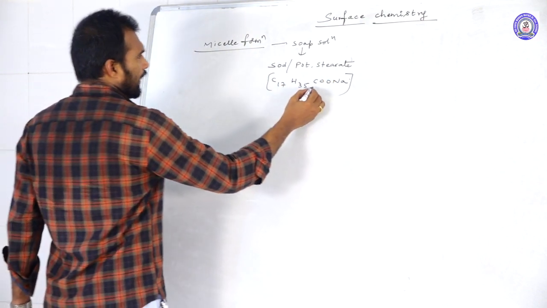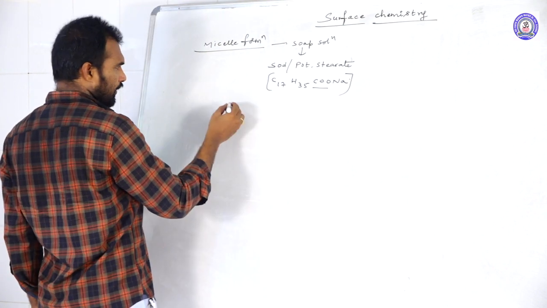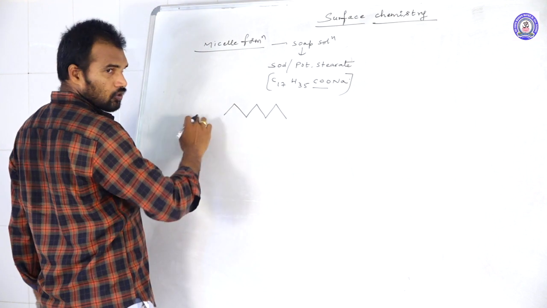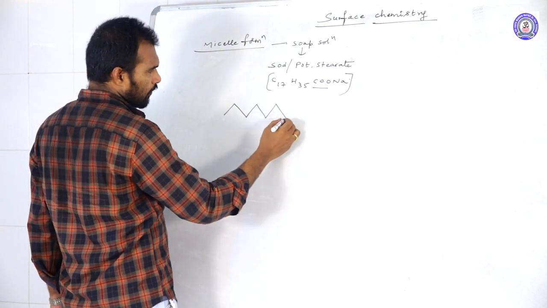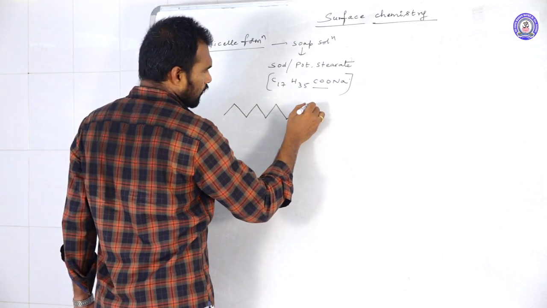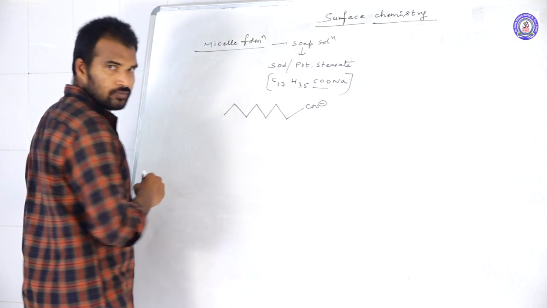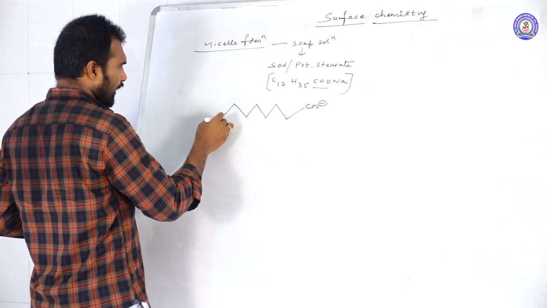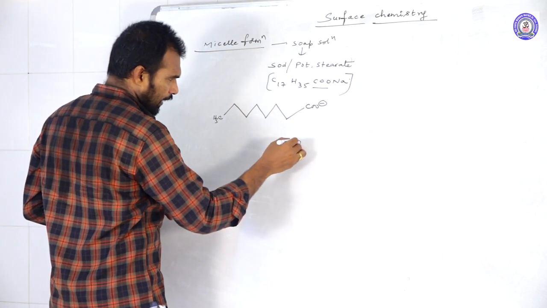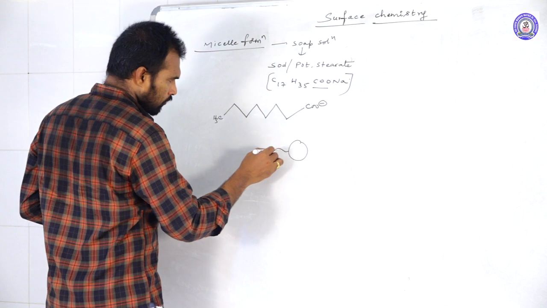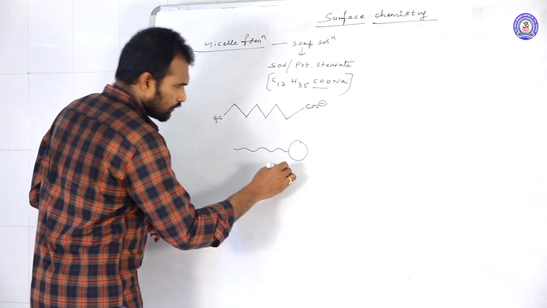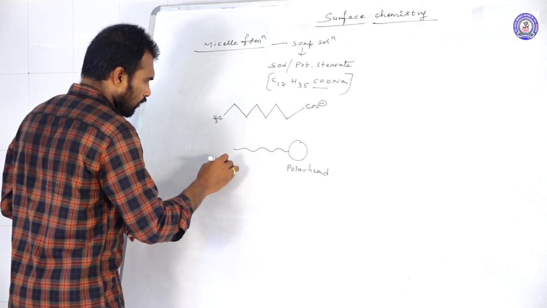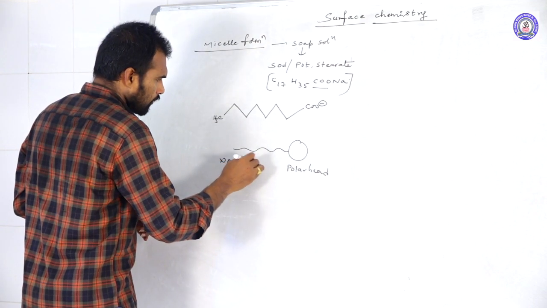This is the polar head and this is the non-polar tail. So we can represent it like this: 17 carbons, and here COO minus, which has a negative charge. This is the polar head and this is the non-polar tail.